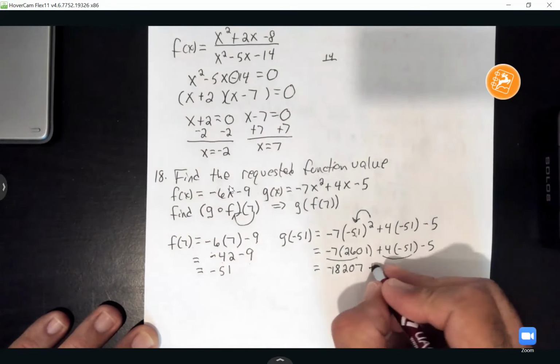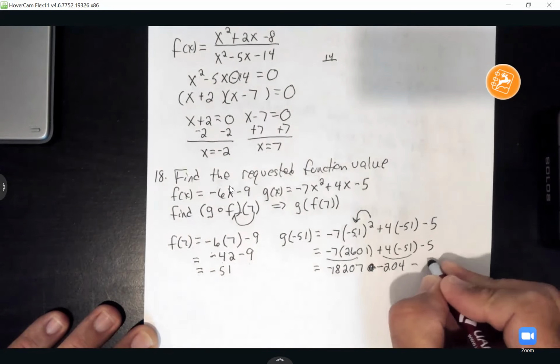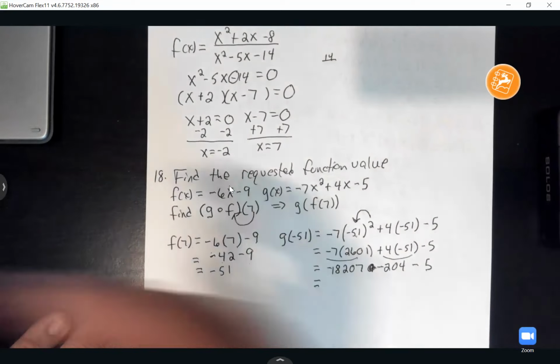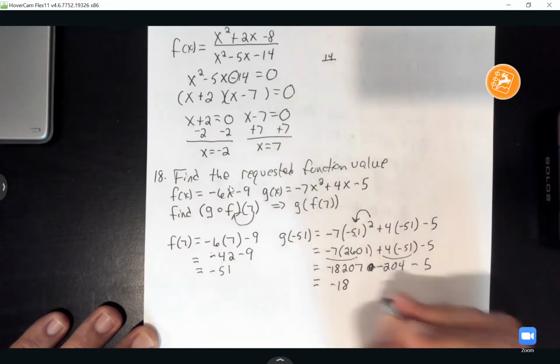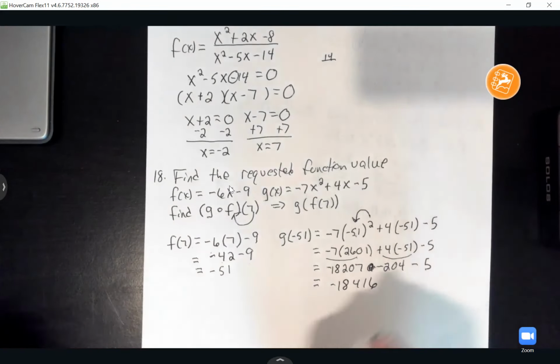So instead of plus, I'll put a negative 204 there, and then minus my 5. All right, y'all. So negative 18,207 minus 204 minus 5 gives me a negative 18,416.